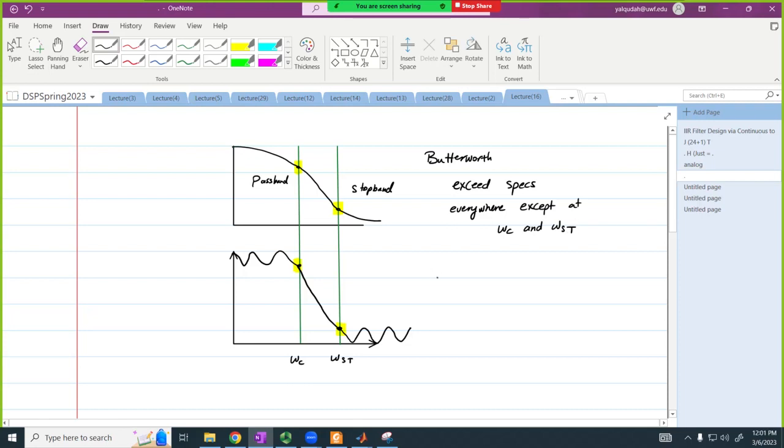And in the other types of filter, we can introduce or allow ripples to achieve the same specs with less order, with lower order.